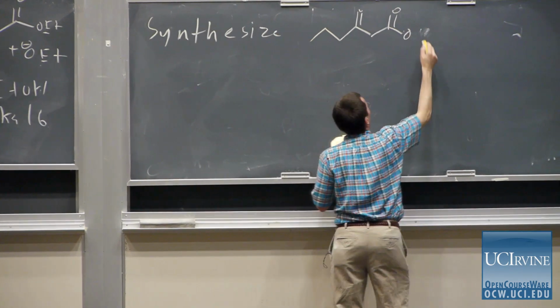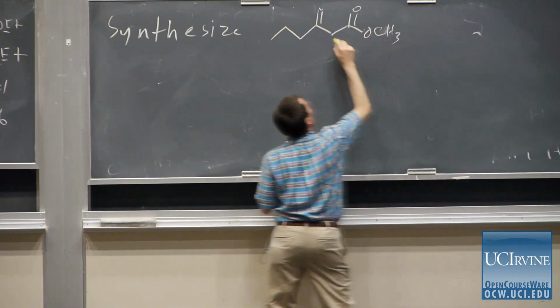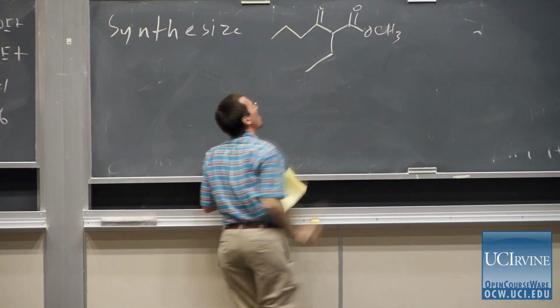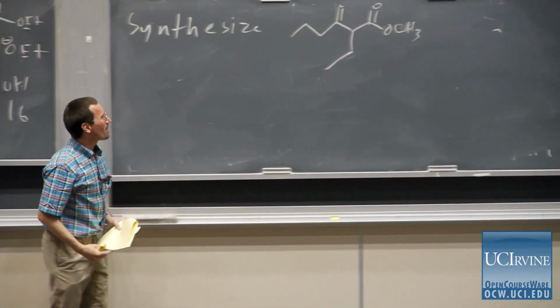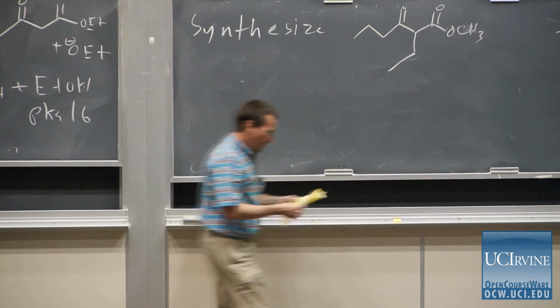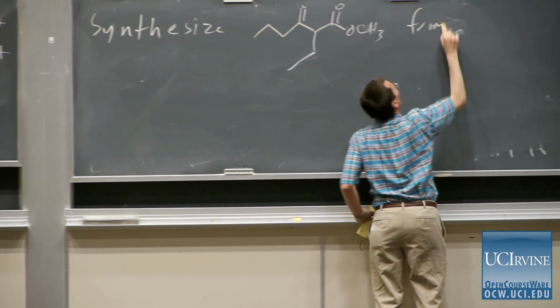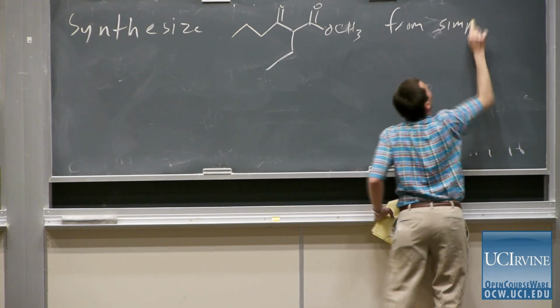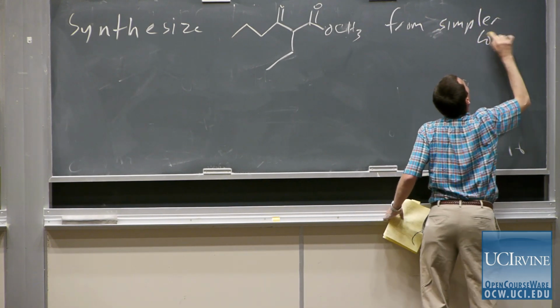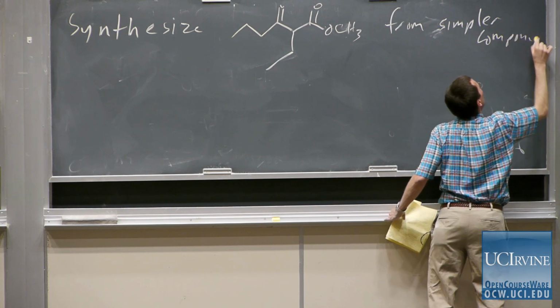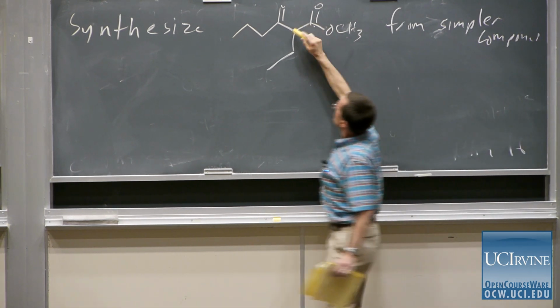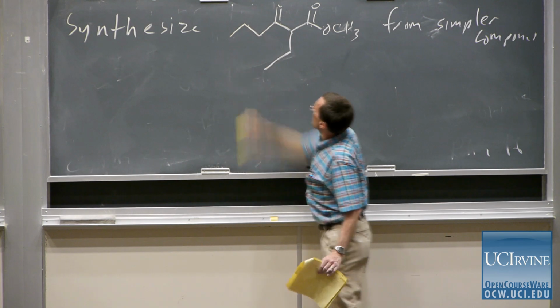Give us a little diversity here. I'll make the methyl ester. All right, so let's synthesize this methyl ester from simpler compounds. You can even name it. What's it going to be? 1, 2, 3, 4, 5, 6.